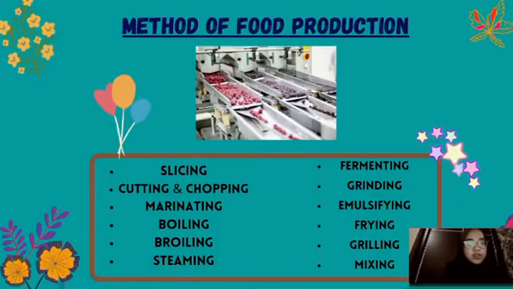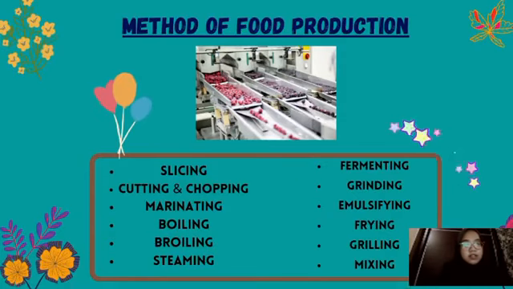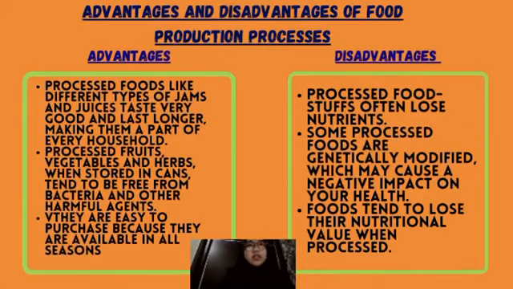Methods of food production: first, slicing. Second, cutting and chopping. Third, marinating. Next, boiling, broiling, steaming, fermenting, grinding, emulsifying, frying, grilling, and the advantages and disadvantages of the food production process.